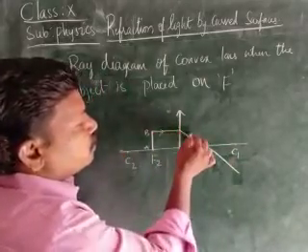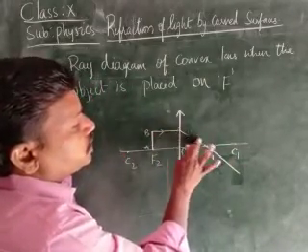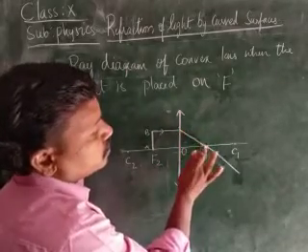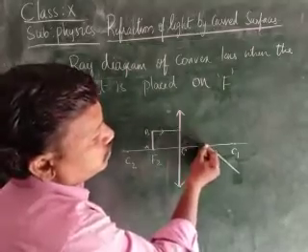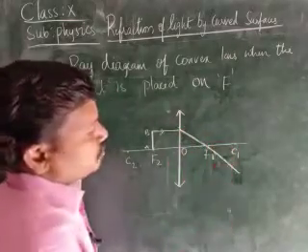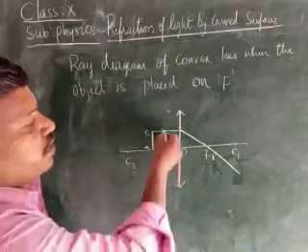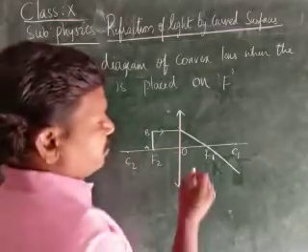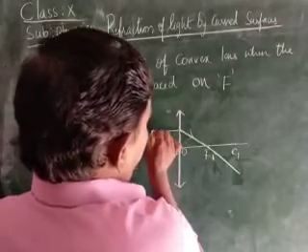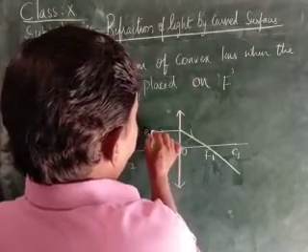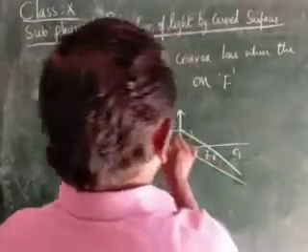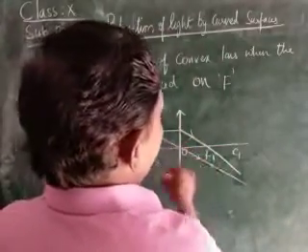Okay, third rule is that when the light ray is passing parallel to the principal axis, after refraction it passes through the focal point. And the same way, the second rule, when the light ray is passing through the optic center, it is undeviated.